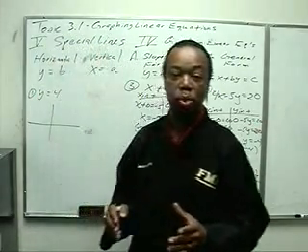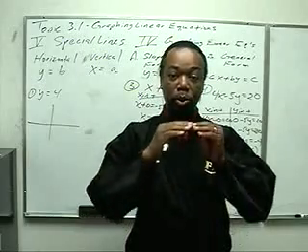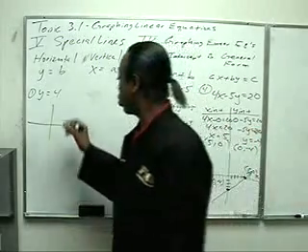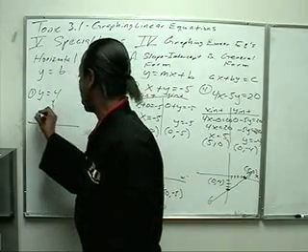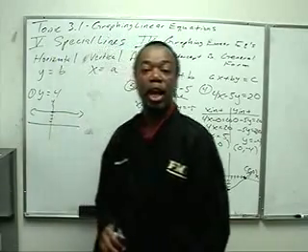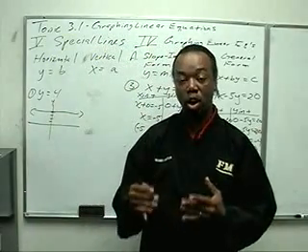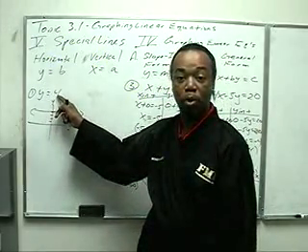Well, again, we're dealing with a special line. Y is by itself. Therefore, we're dealing with a horizontal line. So we go to the y-axis and go to 4 right here, and we create a horizontal line. Now, to find points along that horizontal line, know that all the y's are going to be 4.